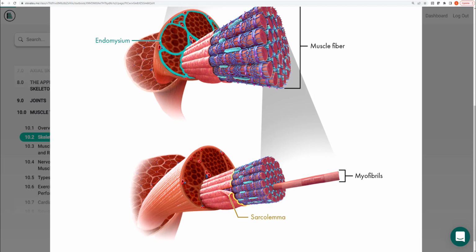The sarcoplasmic reticulum is important in storing calcium. Remember, I told you that muscle cells need calcium. In fact, they need so much calcium that they have these specialized organelles that store that calcium for the muscle cells. So this is what the inside of a muscle cell looks like.